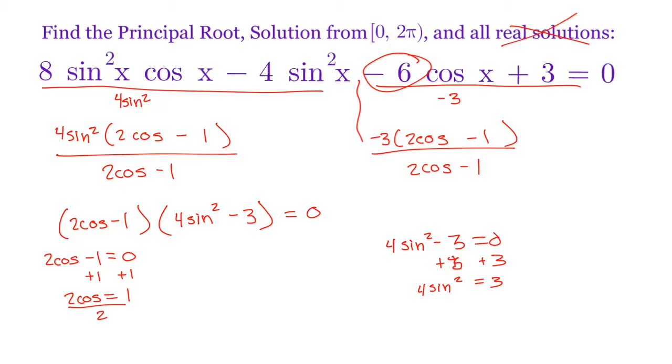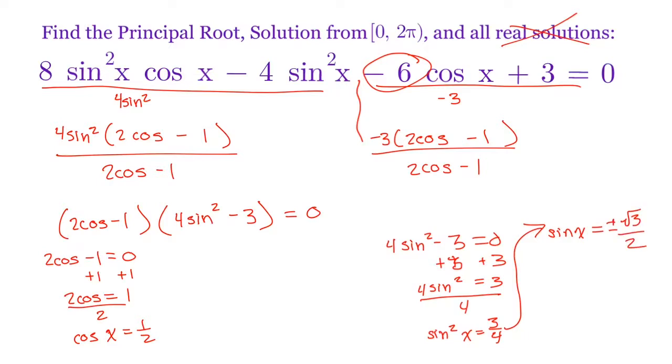Divide by 2 on the first, divide by 4 on the second. So now we have cosine of x is equal to 1/2, and sine squared of x is equal to 3/4, which then we have to take the square root, so we get sine of x is equal to plus or minus the square root of 3 over 2.